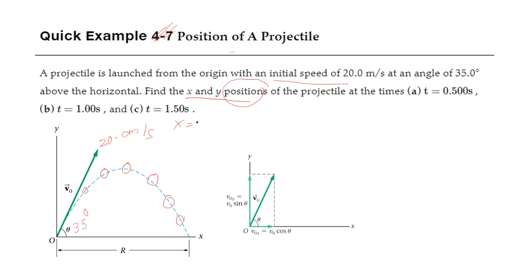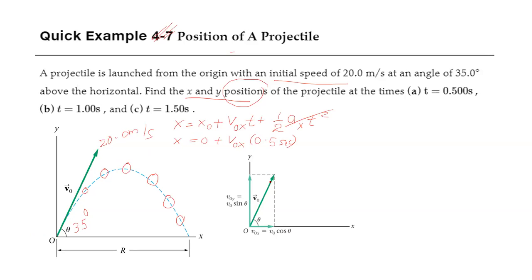But let's say you can start from any. If you ask first, find x: x naught plus v0x t plus half a x t squared. This term is gone, and x naught is 0 because you are at the origin, plus v0x t, t is 0.5 seconds. And what is v0x? Is it 20?